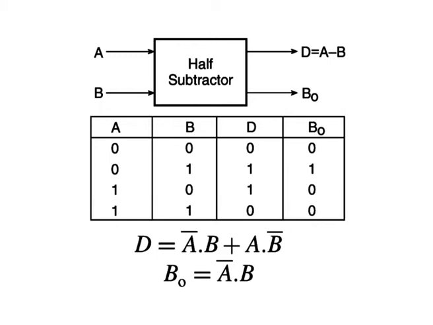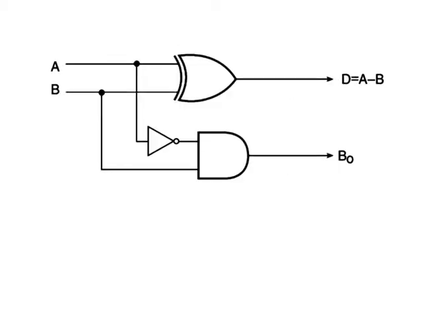The expression for the borrow output is that of an AND gate with input A complemented before it is fed to the gate. Figure shows the logic implementation of a half subtractor.